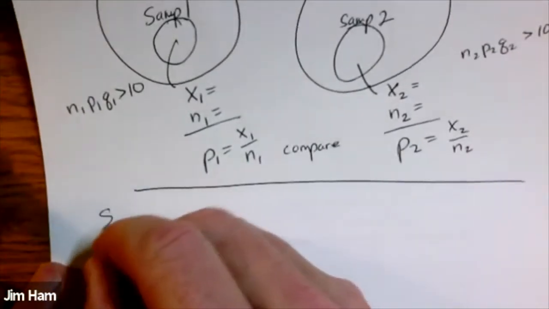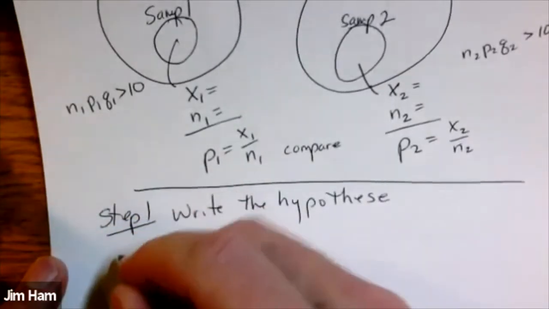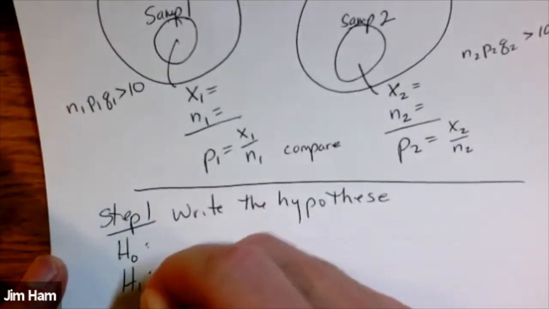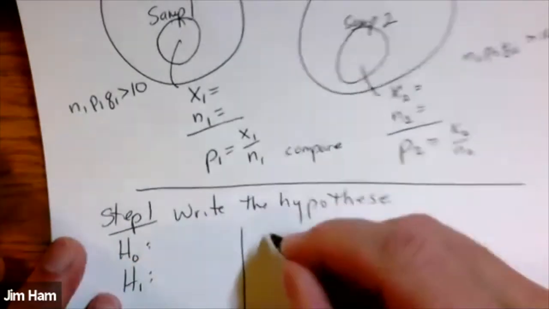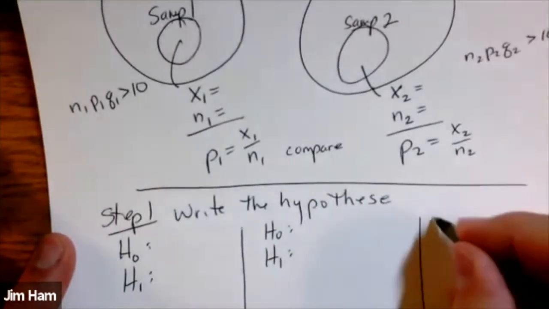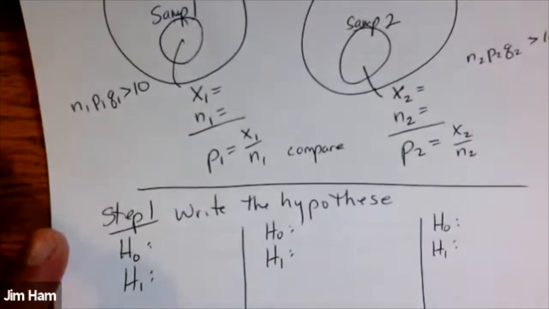All right, so step 1 is always to write the hypotheses, and as before, we have 2 hypotheses. Also, as before, we have 3 different types of tests: the one-tailed left, one-tailed right, and the two-tailed test. It depends on whether someone is making a claim that the two population proportions are not the same, or that one is greater than the other, or that one is less than the other.